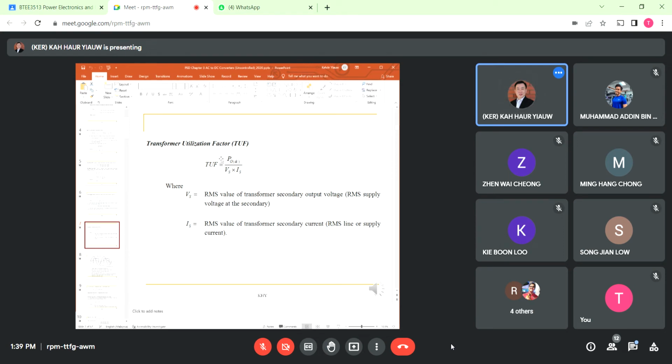You get the DC output from the rectifier side, and the watt-ampere rating from the secondary of your transformer. Normally these two quantities are in RMS value, root mean square value. This is the so-called watt-ampere rating, VA. Normally we just put VA.